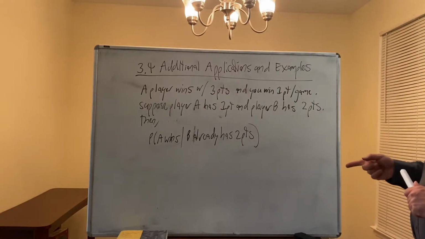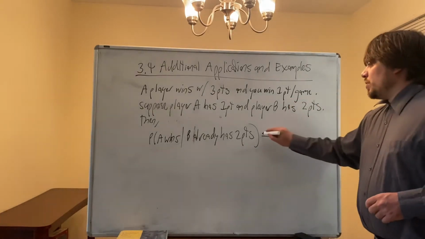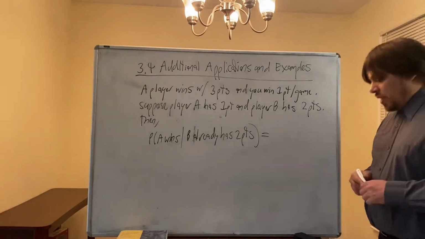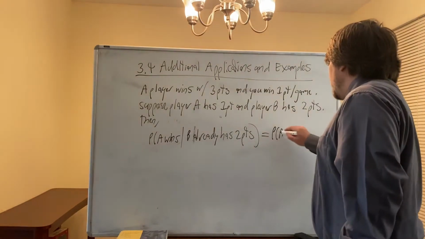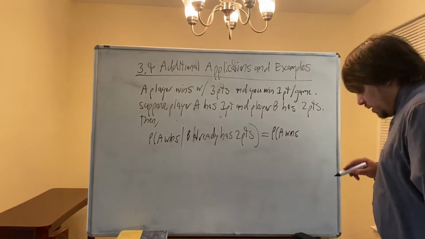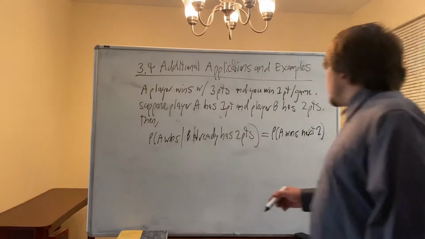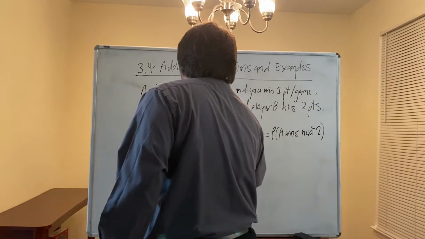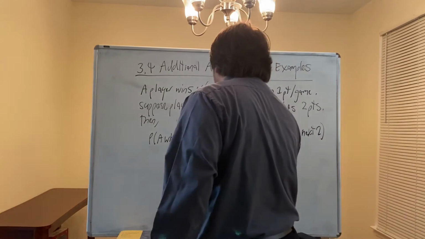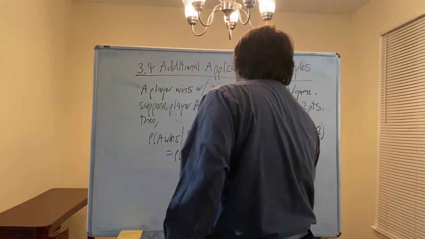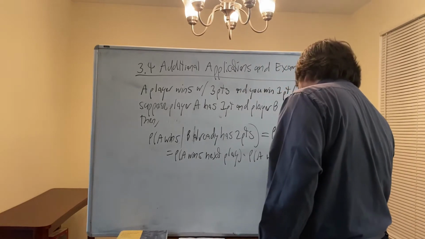Player A starts with 1 point, and so in order to get 3 points, player A has to win 2 more times. So this is the probability that A wins the next two plays, and that's equal to the probability that A wins the next play times the probability that A wins the play after.